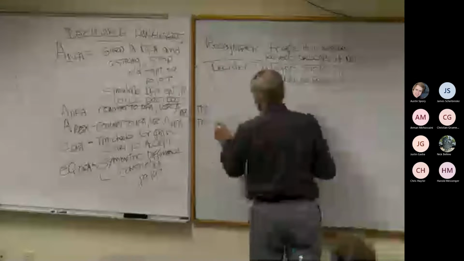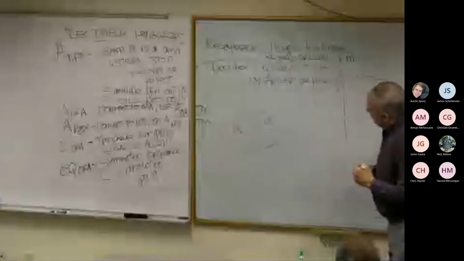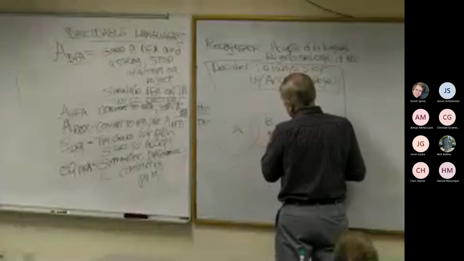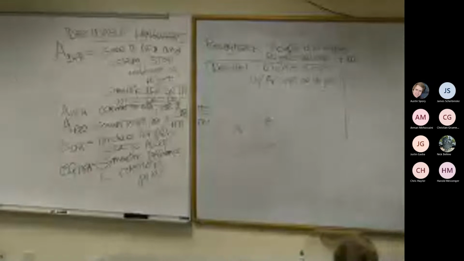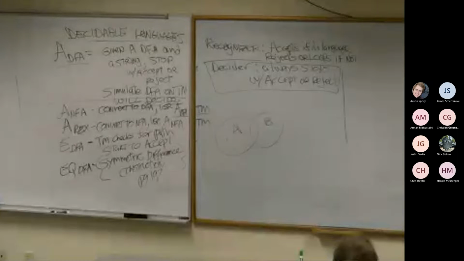You've got the Venn diagram, language A, language B, and we're trying to find everything that's in one but not in the other, and everything that's in this one but not in that one, and then taking the union: the intersection of everything that's in language A and not in B, union with the intersection of everything that's not in A and is in B. When we get all done with that, we can build that, right?